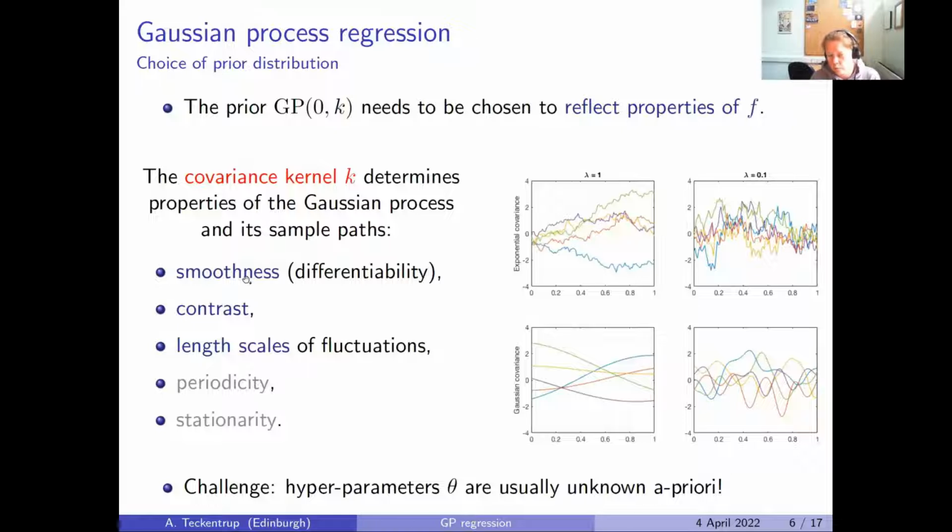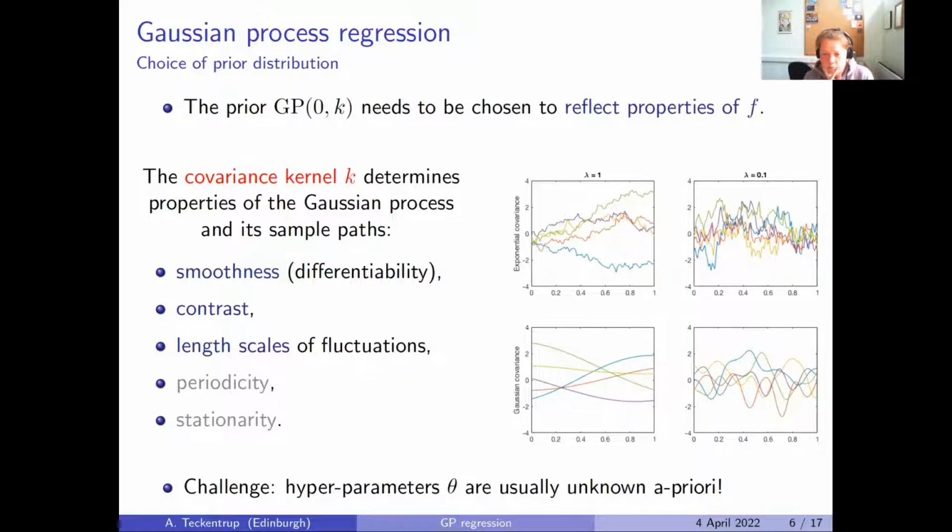There's another parameter that gives you the smoothness and so on. These are things that you typically don't really know how to choose. All that you know about your function f is these function values that you have. You don't know what typical length scales the function f has. You might not know how smooth your function f is.